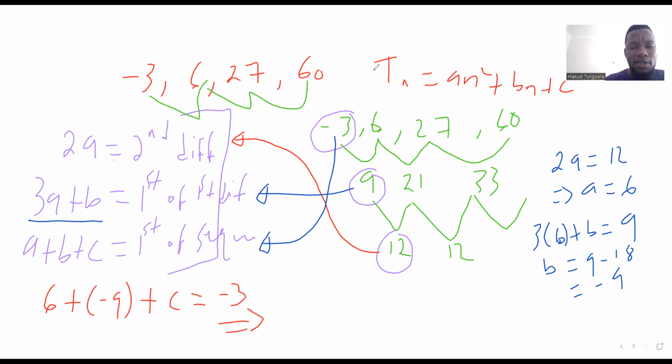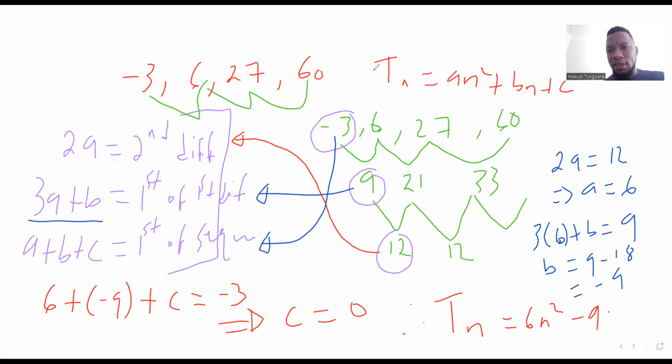Therefore, this implies 6 minus 9, so that's minus 3. Then you take minus 3 to the other side. So c equals 0. Therefore, our Tn formula is going to be 6n squared minus 9n.